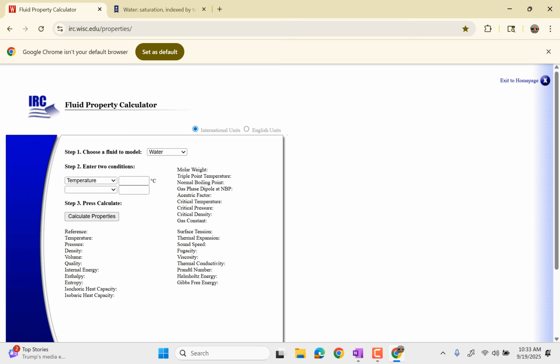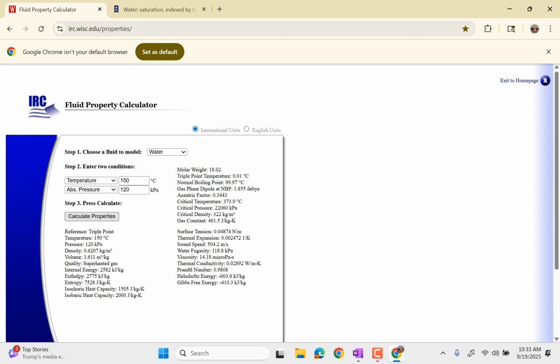I want to look it up at a temperature of 150 degrees Celsius and a pressure in kilopascals of 120. So it says that it's a superheated gas.